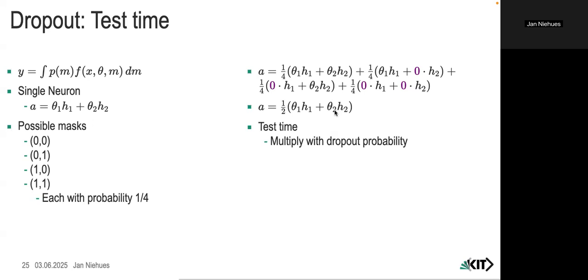This is now very easy. To calculate our output, we just take the output we calculated without masking and multiply it with our dropout probability. That's because everything is linear, so things are easy. So at test time, we just multiply the output of the weighted sum with our dropout probability.